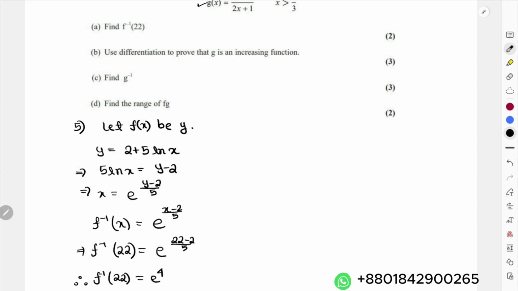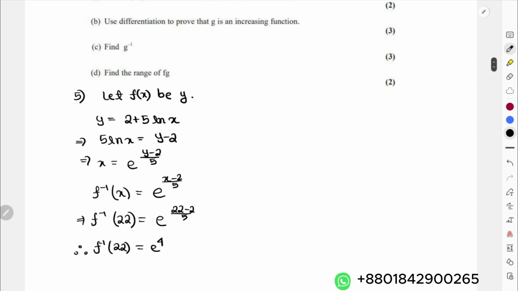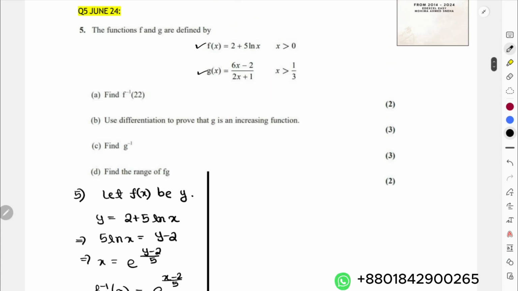Then again, they're asking us to use differentiation to prove that g is an increasing function, for which I have to first differentiate the equation, right? So I can understand that here this is your u value and this is your v value. We get u as 6x minus 2, so your du by dx here is going to be 6. And v is 2x plus 1, so your dv by dx is going to be 2.